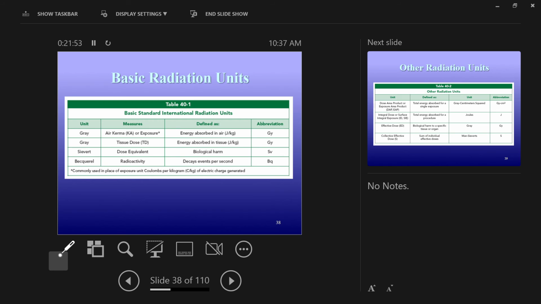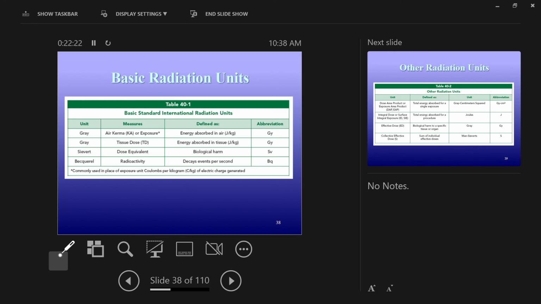The gray, the first one, air kerma or exposure, energy absorbed in the air. That can be given in joules per kilogram. I haven't told you what a joule is, but know that a joule is a unit of energy, and it can be used to express electric energy as well.